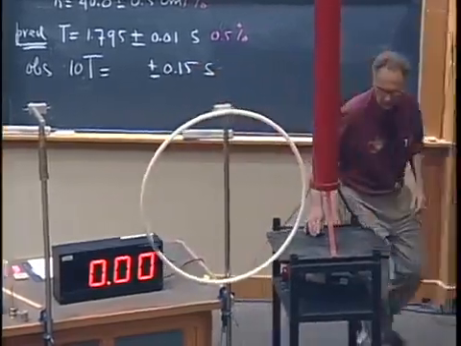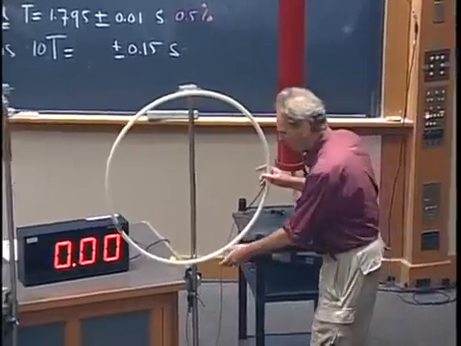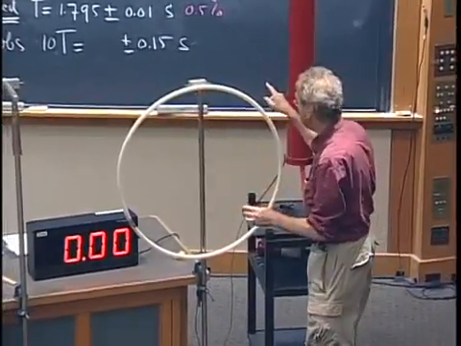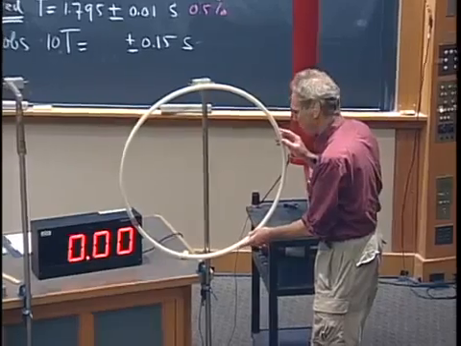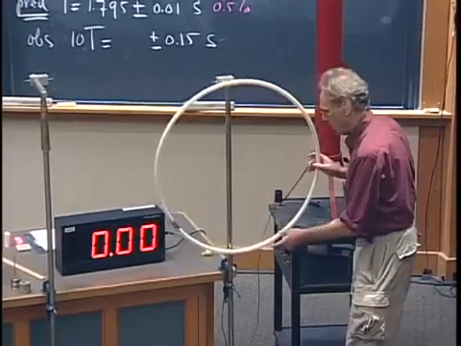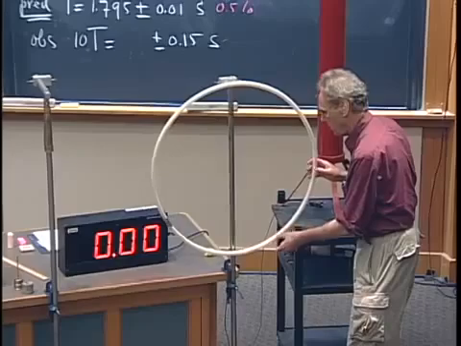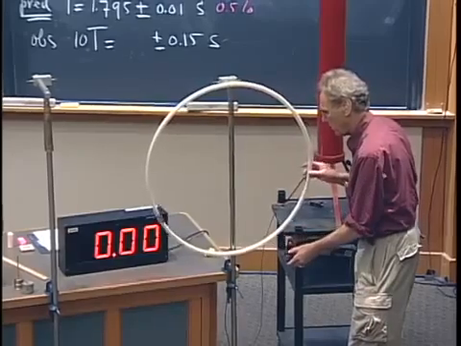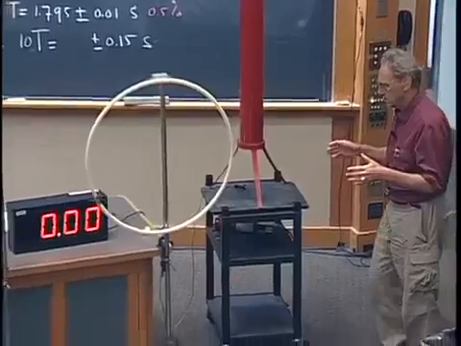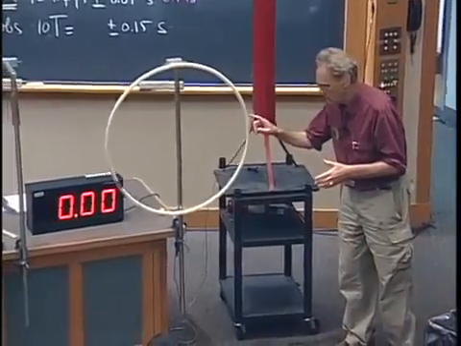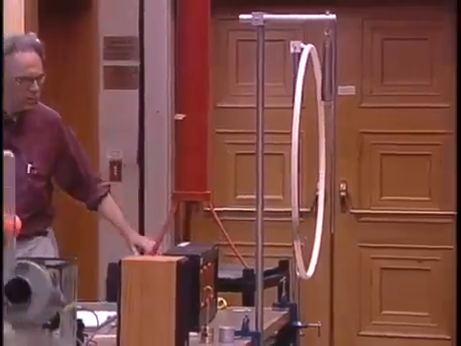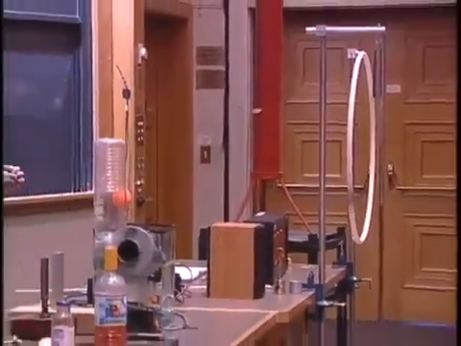I first want it to swing in a way that it's not wobbling. Because I make a very strong prediction. I want to get that number, 17.95. So I better make sure that it's oscillating happily. No, this is not happy. I don't want any wobbling like this. Maybe a little more. Okay. I think this looks good. If you're ready, I'm ready.